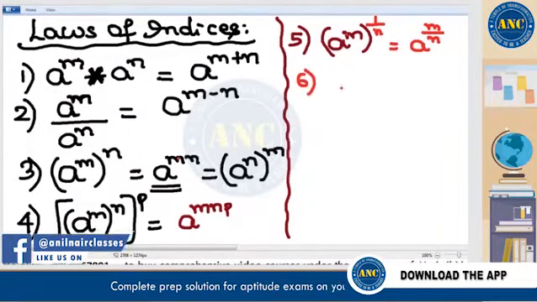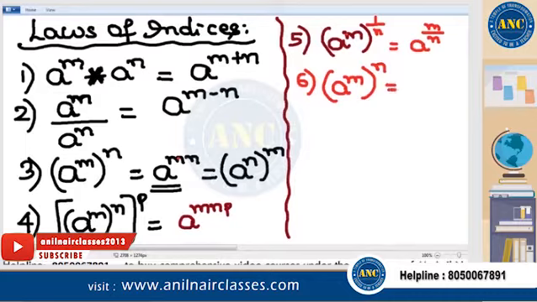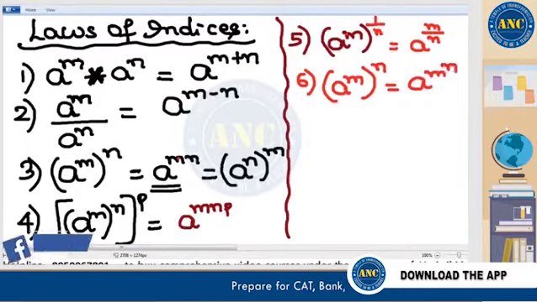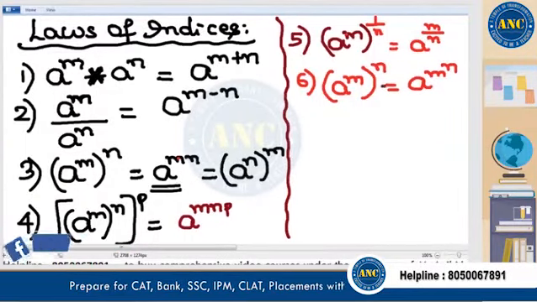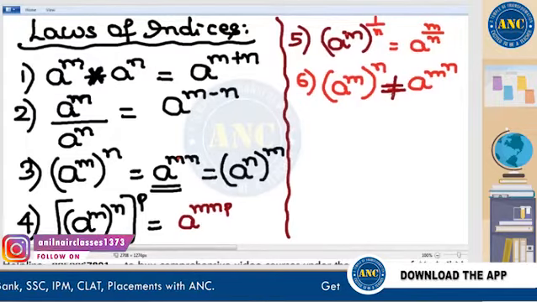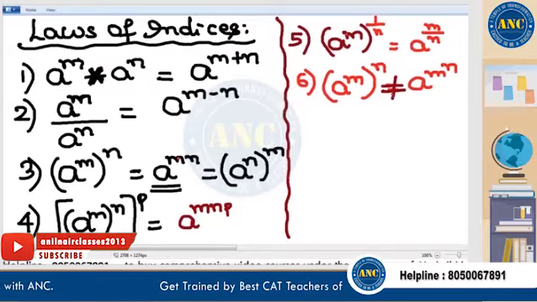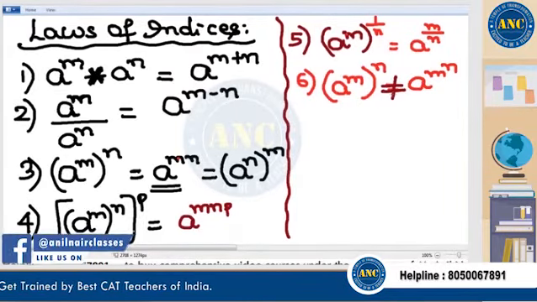Suppose, for example, just now we discussed a power m whole power n. This can be written as a power m power n? This is something where students will make a mistake, because they are not equal. Very, very important point.